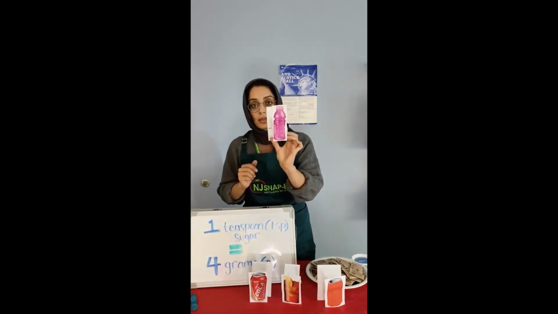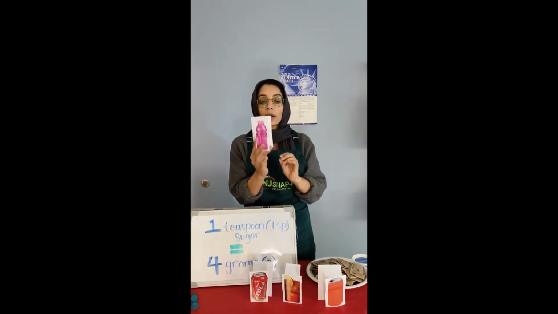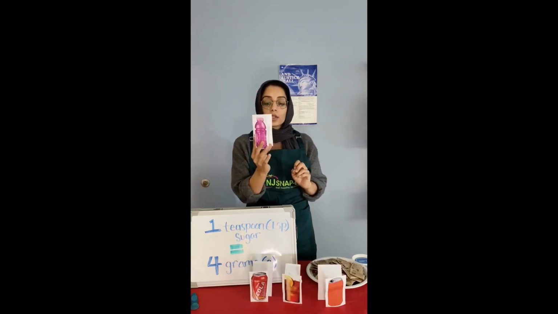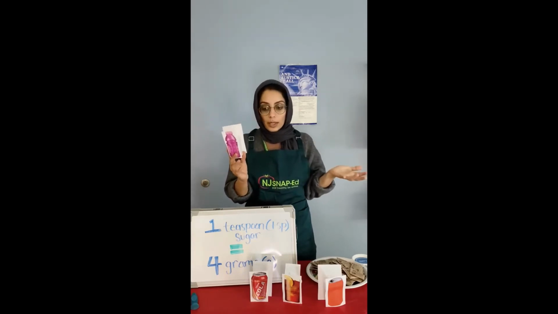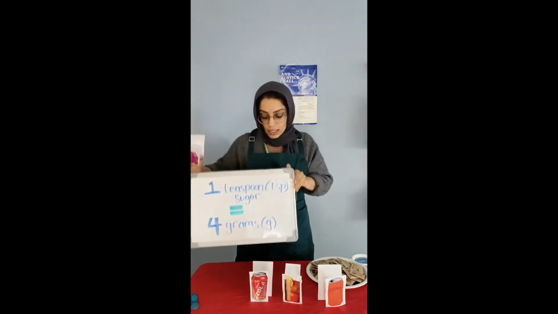If I look at the nutrition facts of this sports drink here, it's telling me that 12 ounces has 21 grams of sugar. So what is 21 grams? We know now that 4 grams equals 1 teaspoon.